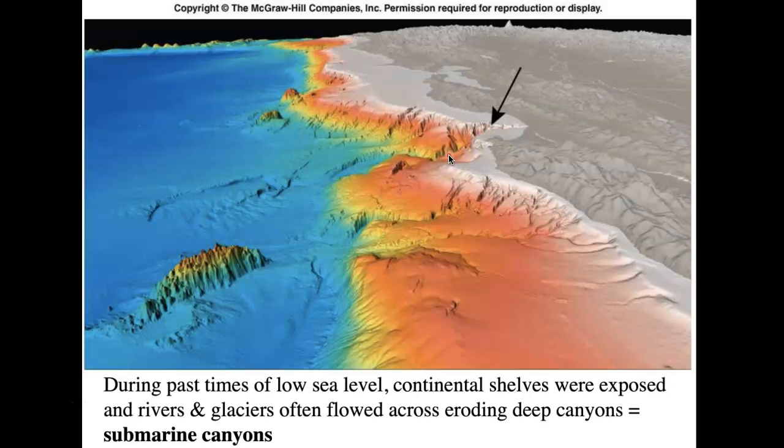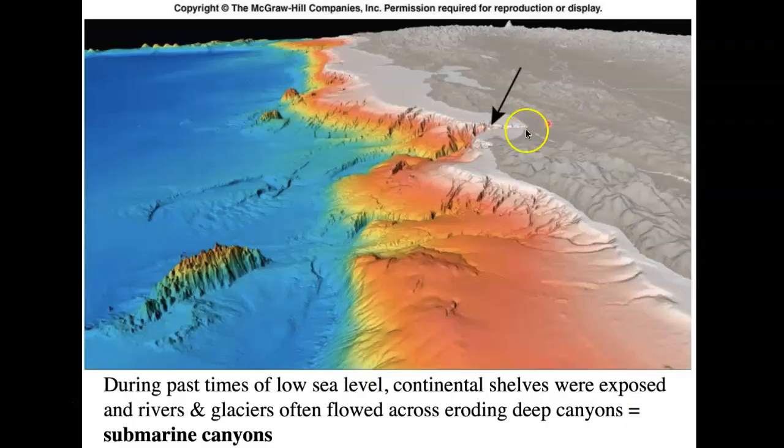And what happened is rivers and glaciers often flowed through that continental shelf, actually eroding very deep canyons. And then as the sea levels rose and glacial melt occurred, these deep canyons became what we call submarine canyons. We'll talk about how they're continually eroded as submarine canyons.